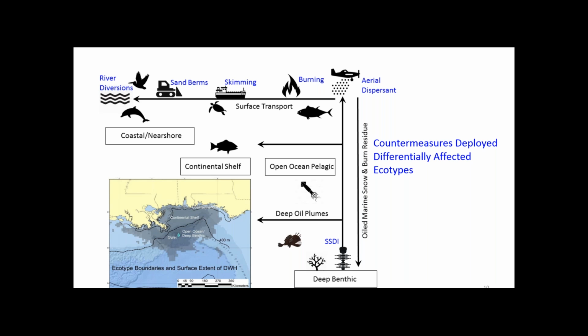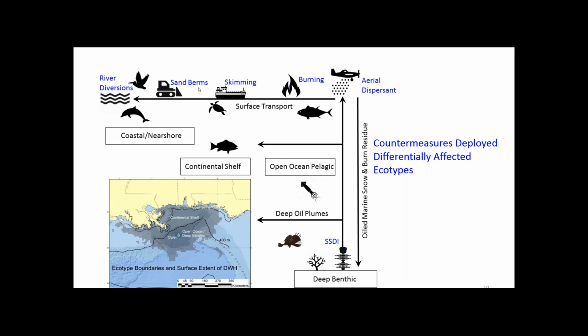the system of countermeasures. And in terms of Deepwater Horizon, the major countermeasures are across the top and then over at the bottom right. So I'll talk primarily about river diversions and what they were intended to do and potentially what their impacts were.